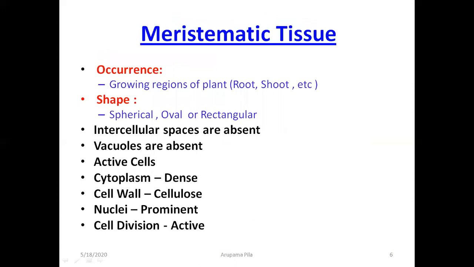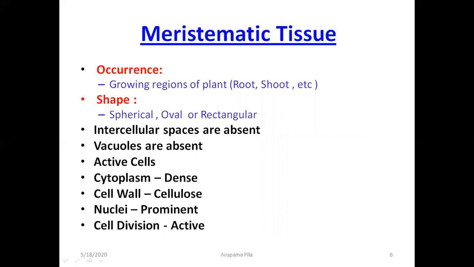Meristematic tissue. Dear children, you know, in the case of a plant, the growth of the plant occurs in certain specific regions, like the root tip and the shoot tip.